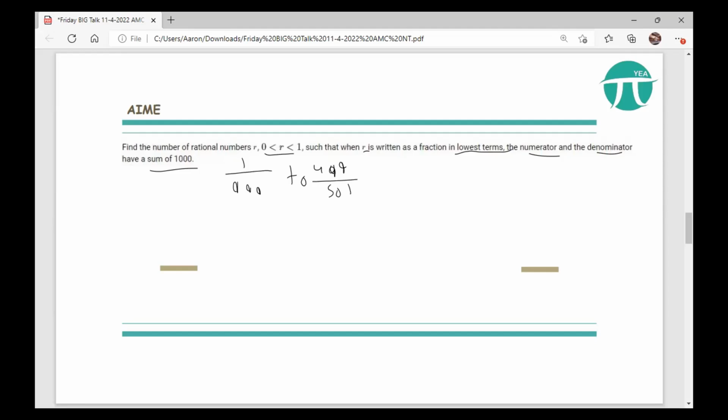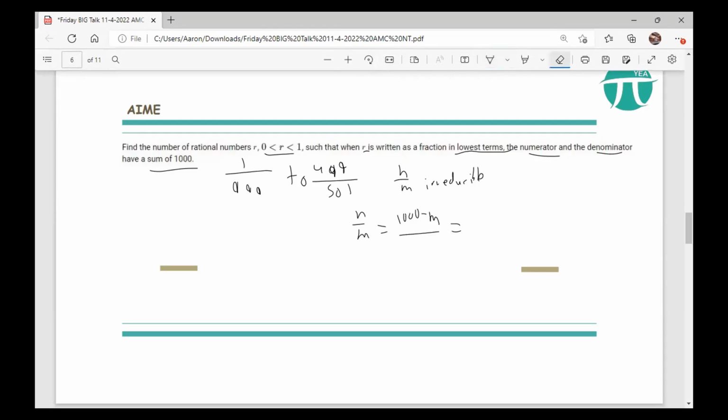And so we want to find the number such that n over m is irreducible. First of all, we can see that n over m is equal to 1000 minus m over m, which is equal to 1000 over m minus 1.